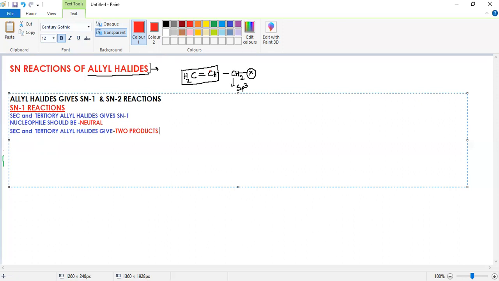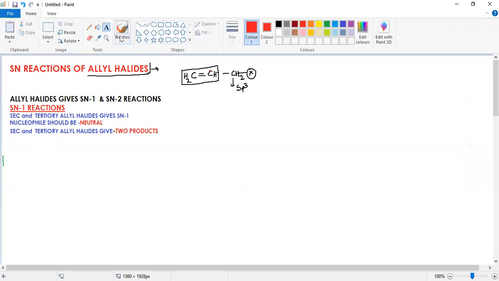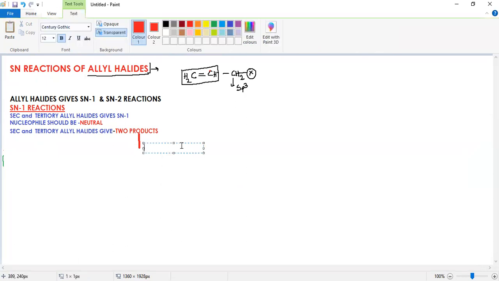Out of these two products, one is the normal product, while the other one is the second product.